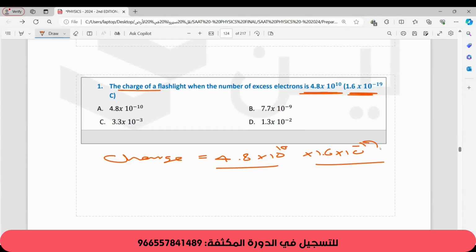As I always do, I will multiply the tens together. 10 to the power 10 times 10 to the power minus 19 gives me 10 to the power minus 9.